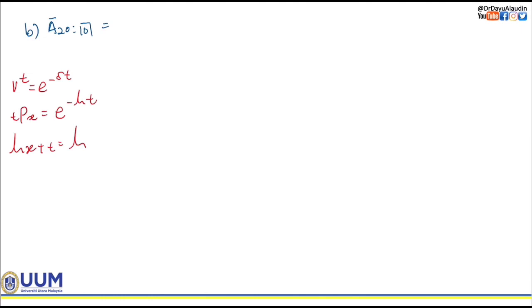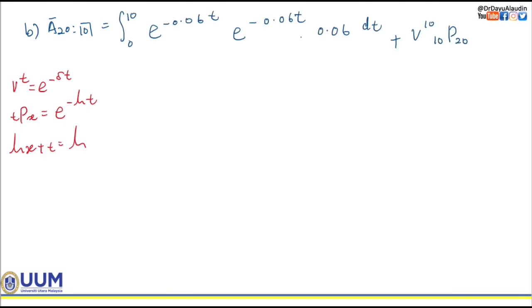And then tpx is e^(-mu t). Since mu is constant, mu x plus t is equal to mu. So this is for v^t, this is for tpx, this is for mu.